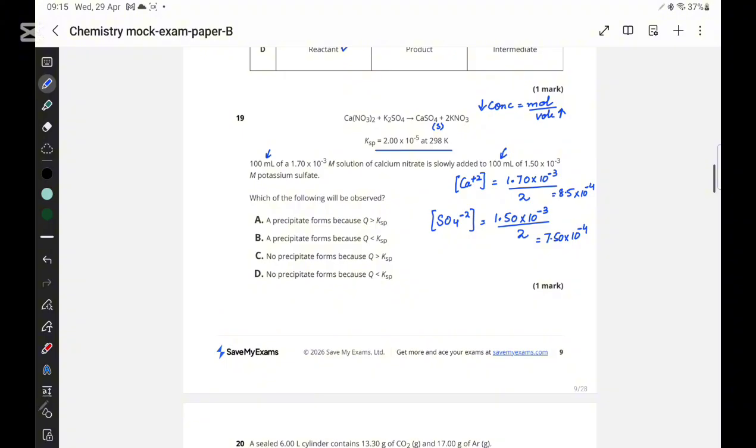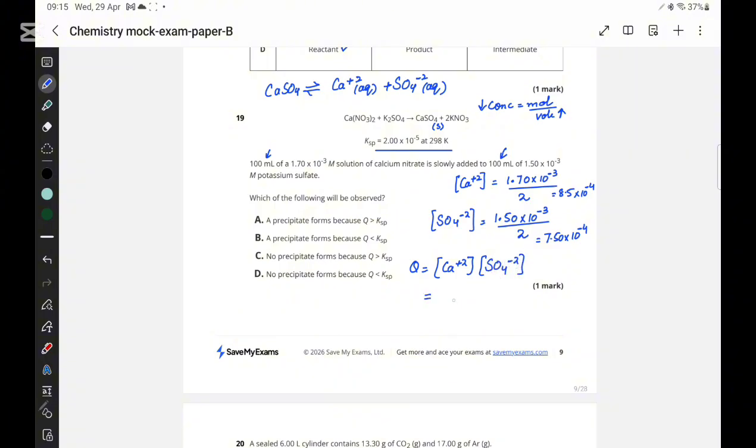And now the formula for Q: as you know, calcium sulfate in a reversible reaction would form calcium plus 2 aqueous plus sulfate aqueous, and Q is equal to the product of calcium ions and the sulfate ions.